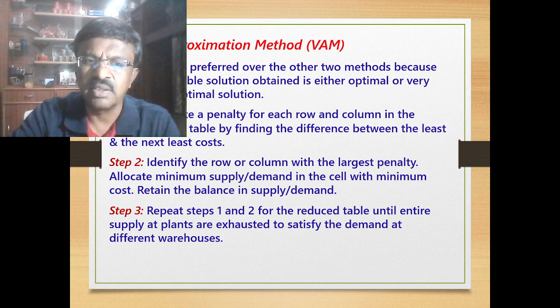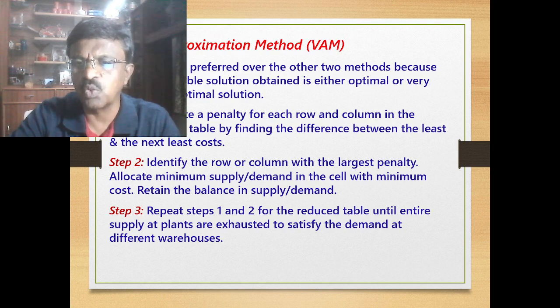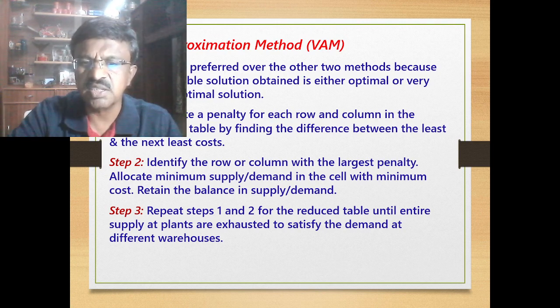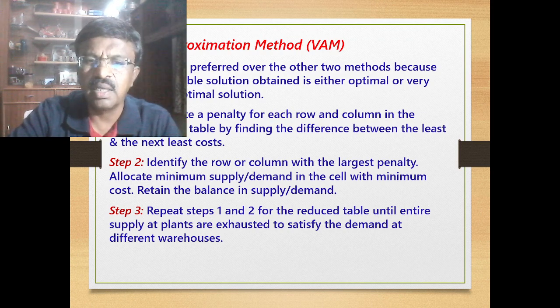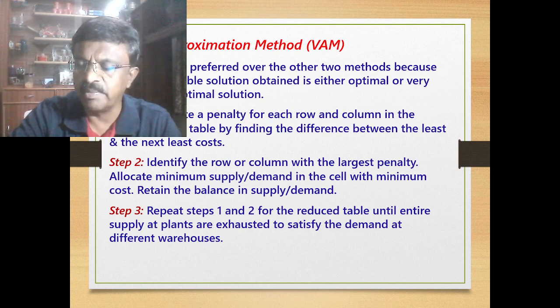In the demand, 300 minus 200, only 100 will remain. So for the first set of values, the procedure is over. Repeat this process again and again until all the supplies and all the demands are fully exhausted.